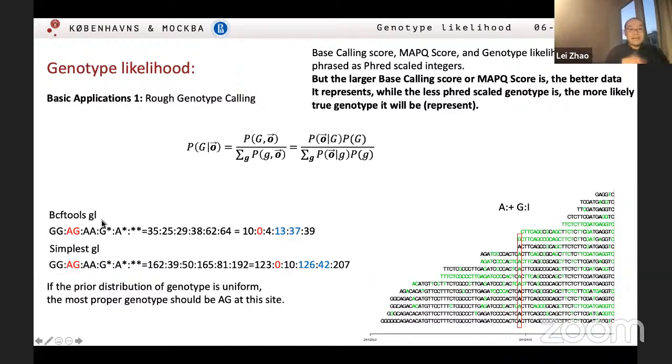If I gave you the data and asked you to guess the genotype, you should give me AG rather than GG or AA, right? This is against the intuition of just doing the count. And for both BCFtools and also the simplest genotype likelihood, you always get this heterozygote genotype to be the most probable genotype. This is the first application.